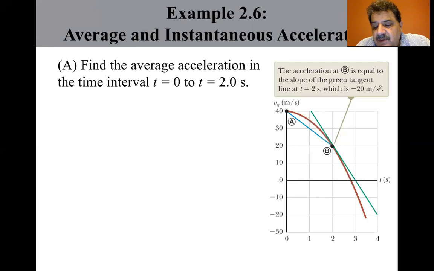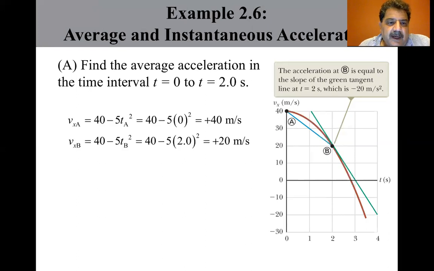By substituting these values of t, the 0 and the 2, into the expression for the velocity, we get the velocity 40 meters per second for Vx at A and 20 meters per second for Vx at B. Find the average acceleration in the specified time.